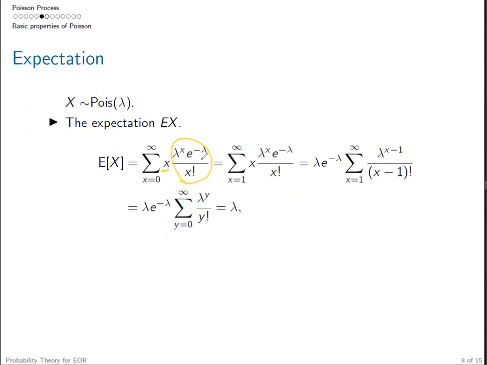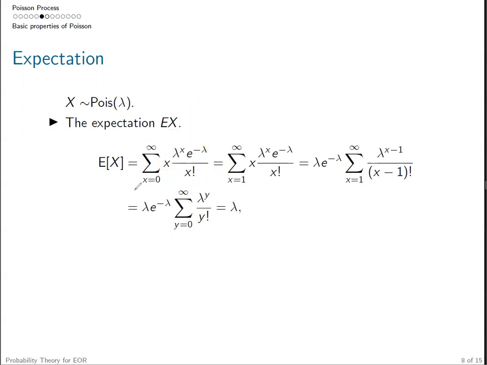So this is the x, and here is the probability of X equal to x. Then we sum them together.